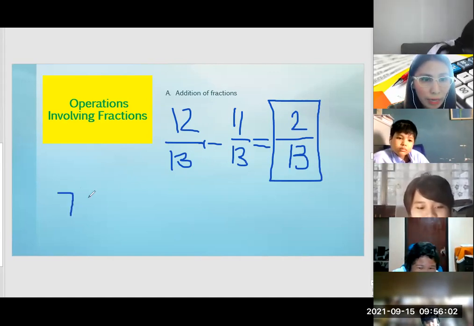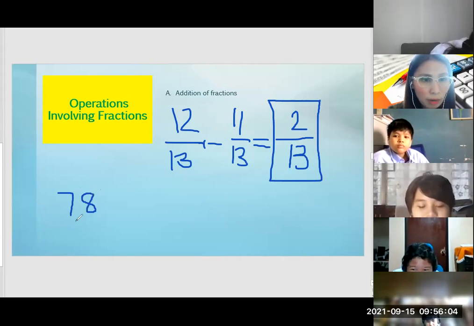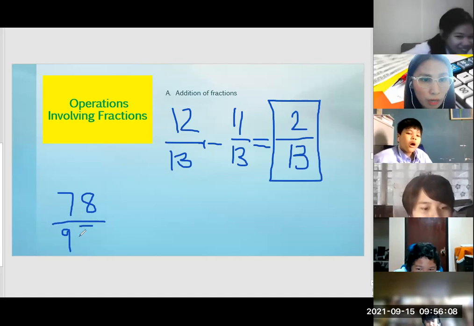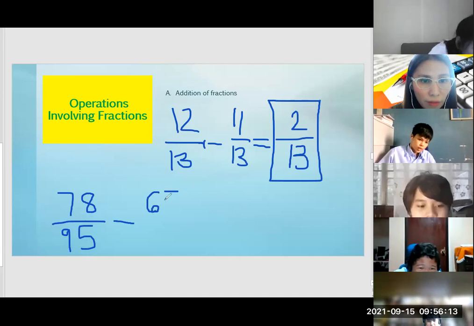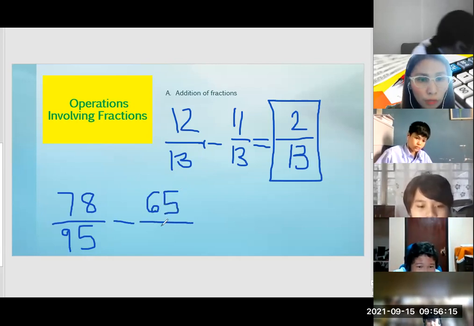Let's have bigger numbers. Same with the examples given on your book. Minus 65 over 95.